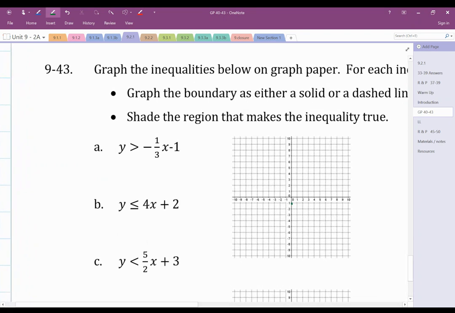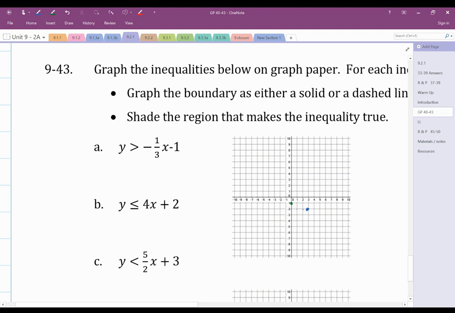And then negative 1/3 will be negative 1 over 3. So we go down 1 and then to the right 3. So 1, 2, 3. So we end here, and then we connect this line now.